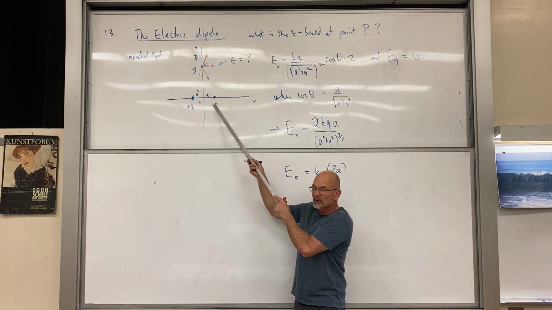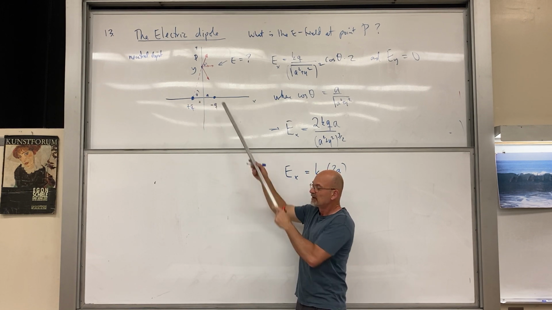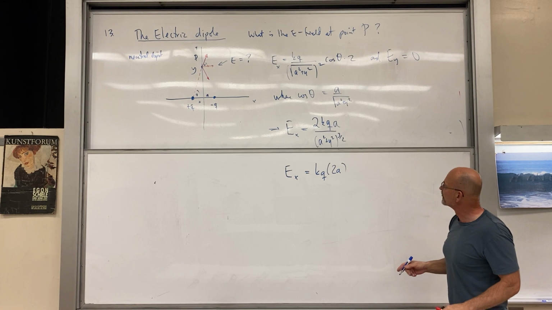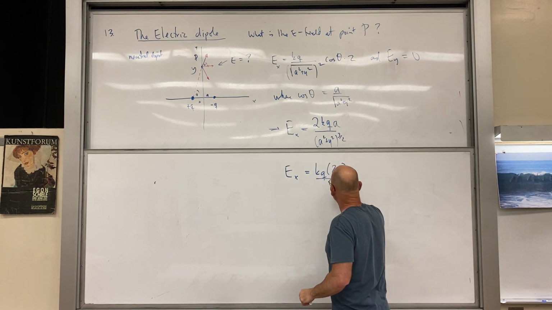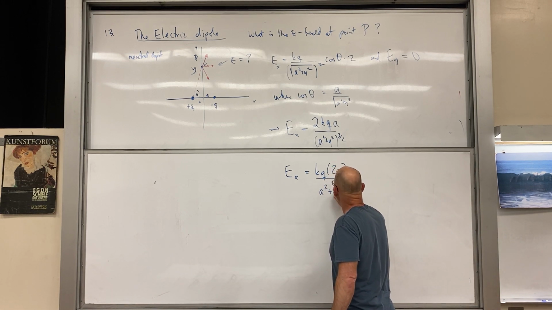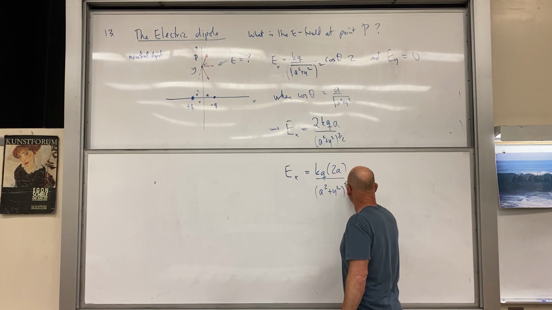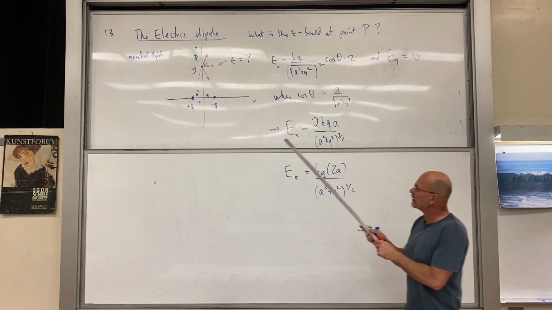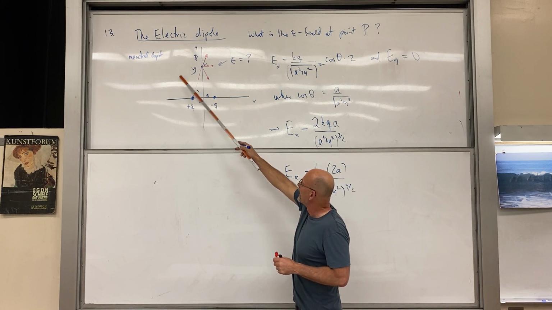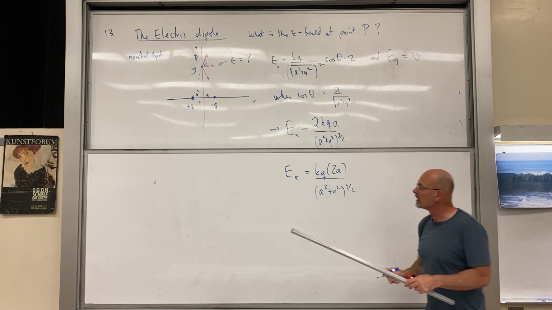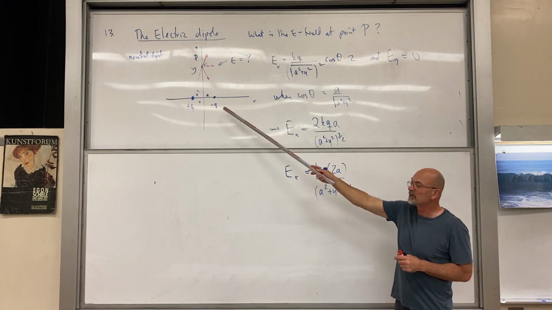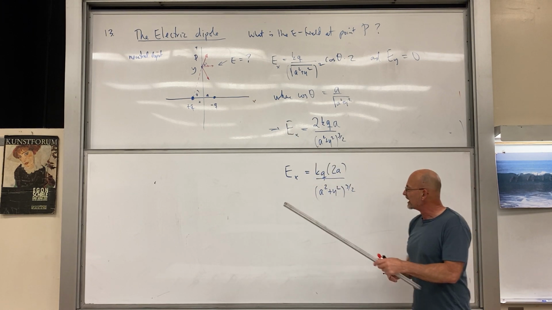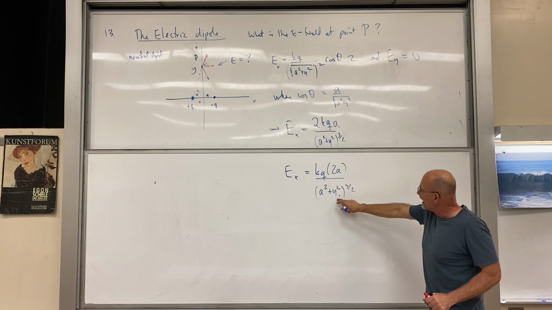It's the separation between the two charges, right? The way I built it, 2 times a, so that's their separation. And we've got this a squared plus y squared to the 3/2. Well, the important point is that we only have that direction there. So the dipole has this interesting field with a certain direction. But let's analyze this right now.